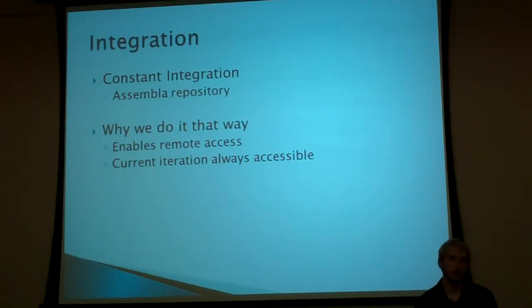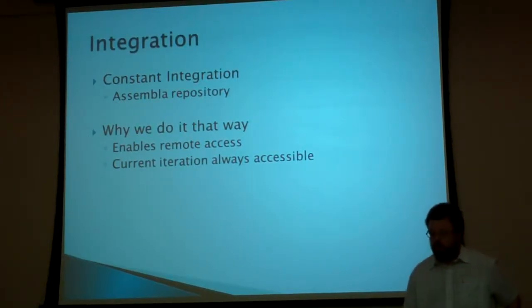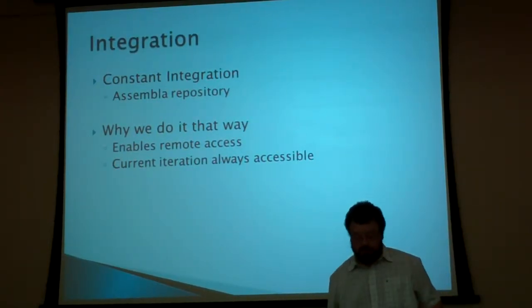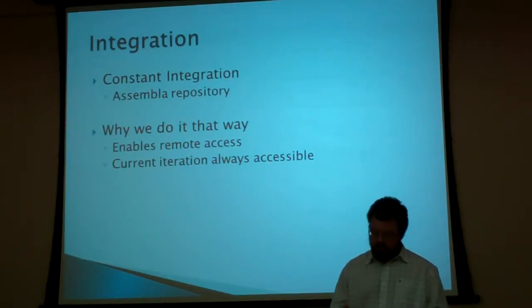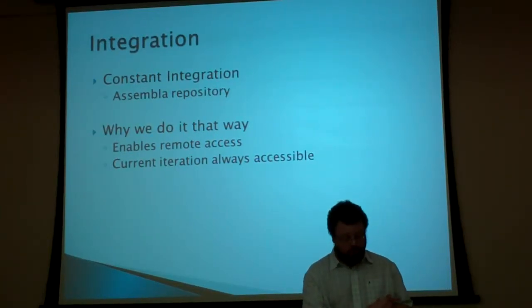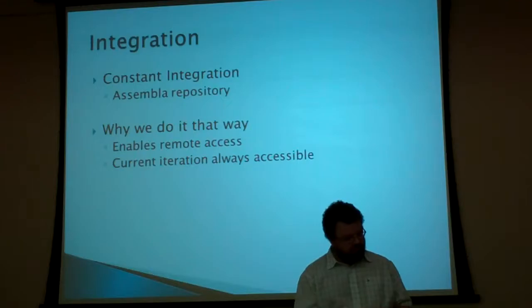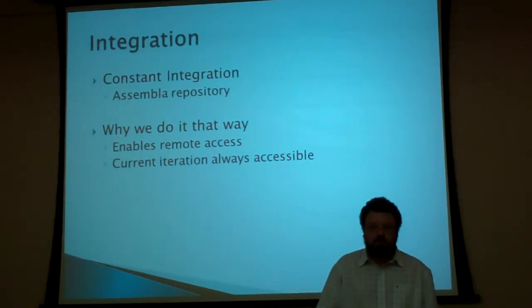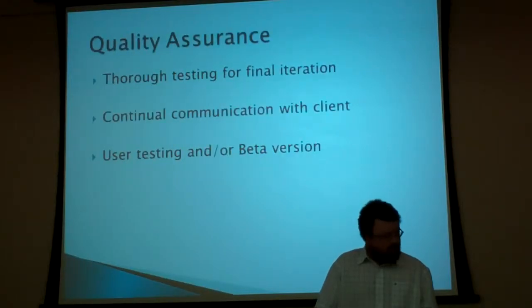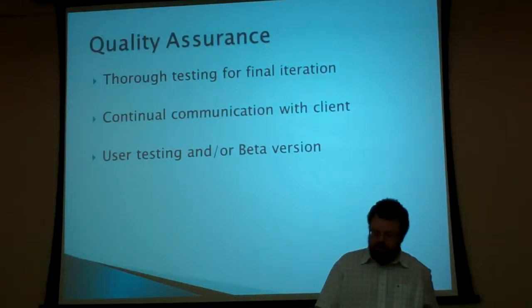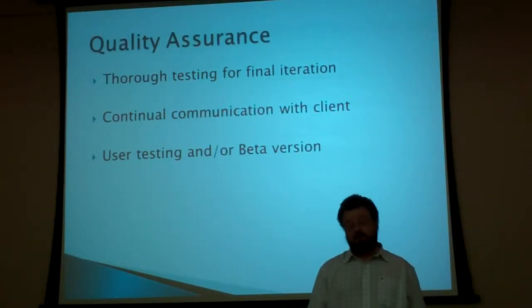Bill will be talking about our integration. Assembla is going to be used for our continuous integration repository, which will give us remote access and allow us to work from home. For quality assurance, it will mostly be the final iteration.